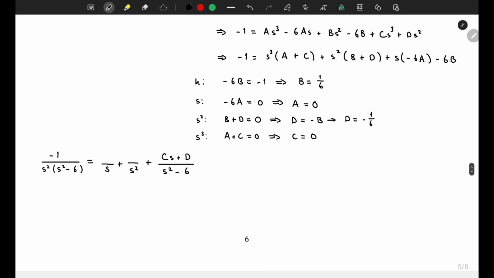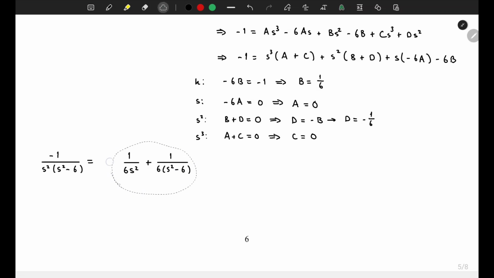So a is 0, so this pretty much cancels out. b is 1 over 6, so we'll have 1 over 6s squared. And then we know that c is equal to 0, so we're just left with d, 1 over 6 times s squared minus 6.